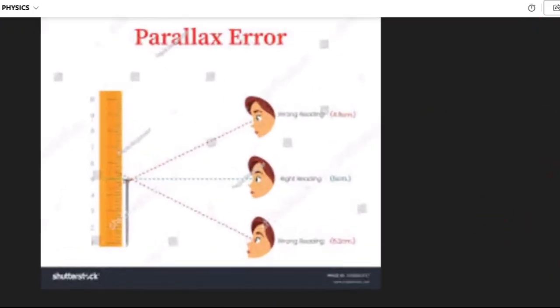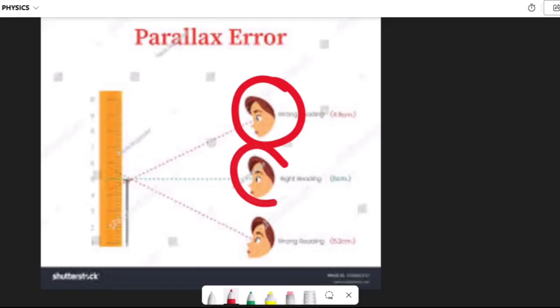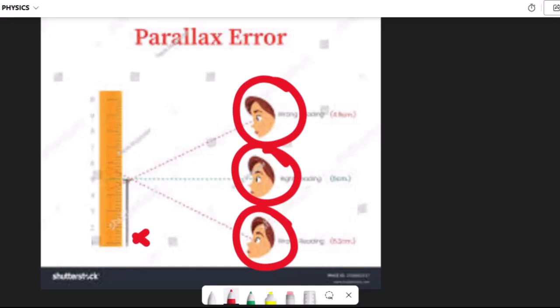The parallax error is a kind of error that deals with the position of the side. You look at this woman here, she's looking from this side, the middle, and the other side, trying to measure the height of a nail. When the woman looks from this angle, she's going to measure the height of the nail a little bit lower.